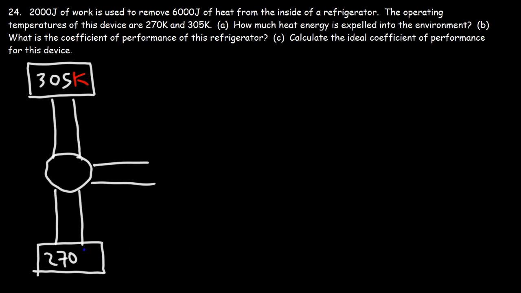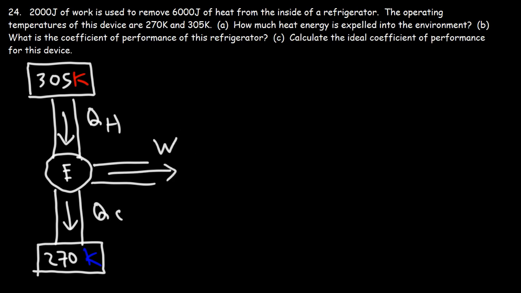In the last example, QH was basically the thermal energy produced by the engine, and this flowed in a downward direction. QC was the heat energy that was expelled into the environment, and the engine produced a certain amount of work. Now, for the refrigerator, the energy flow will be different.